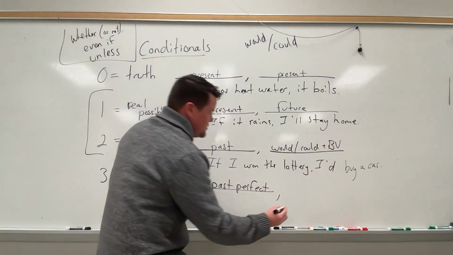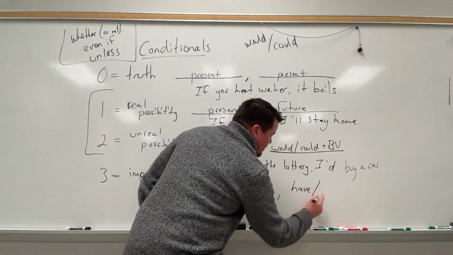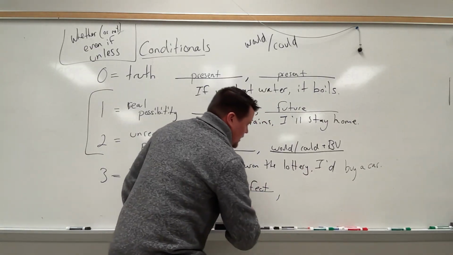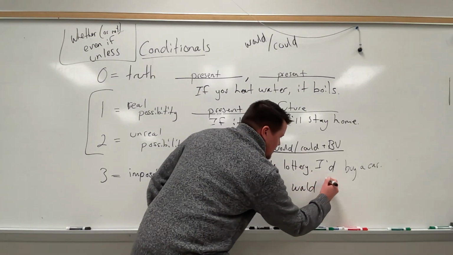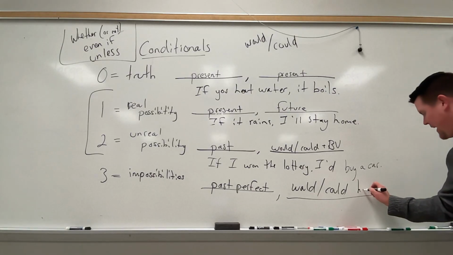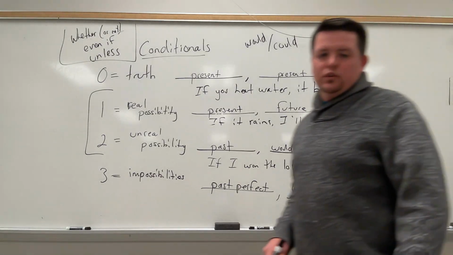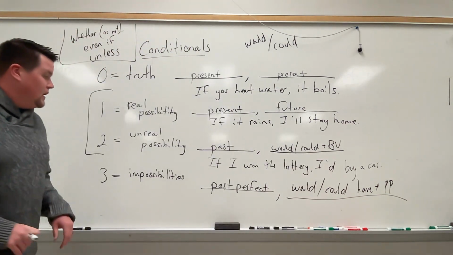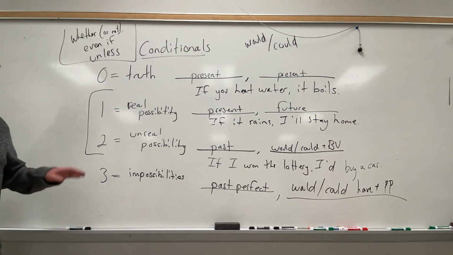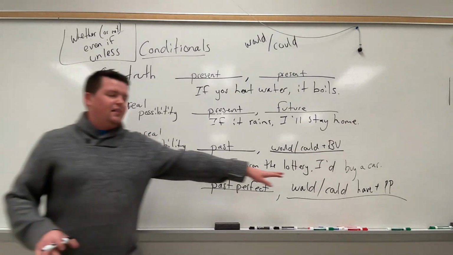And we use would or could have, and then the past participle. Or it could have in the past participle here. So it's not the present perfect because it's never has.